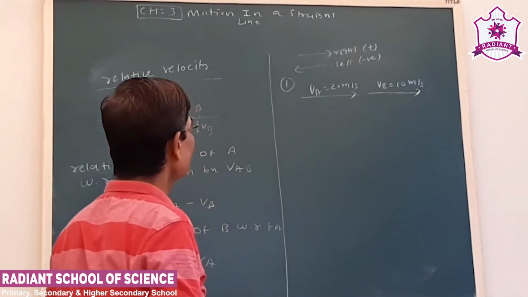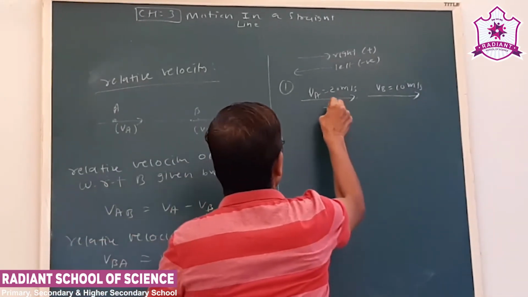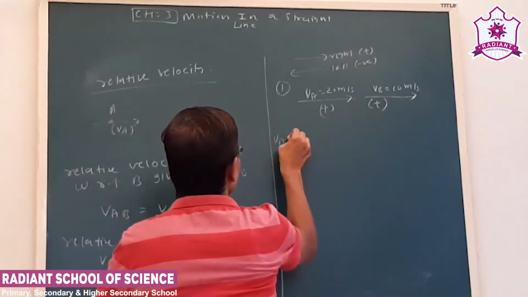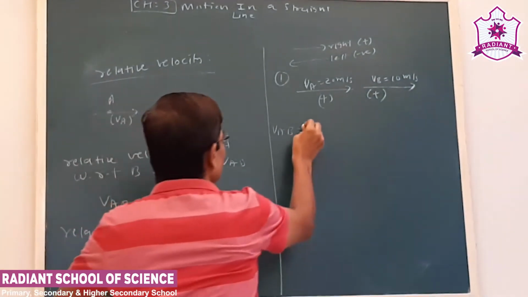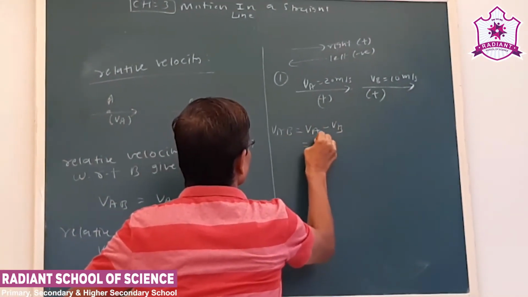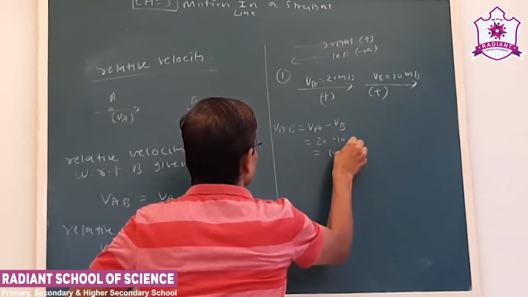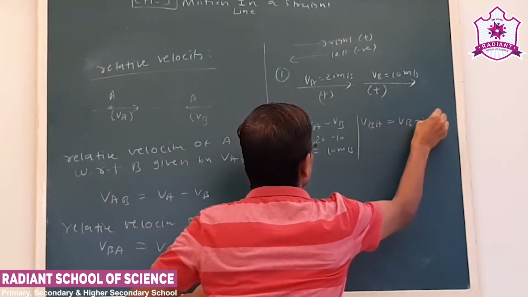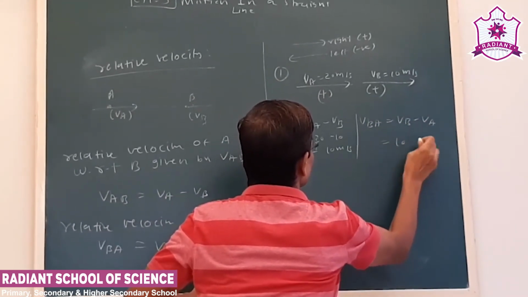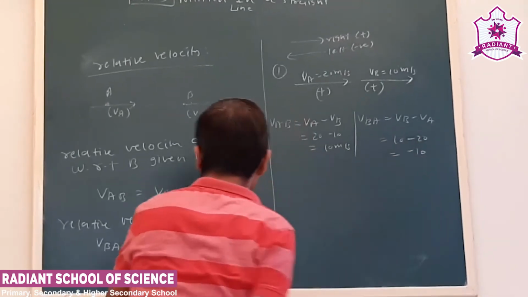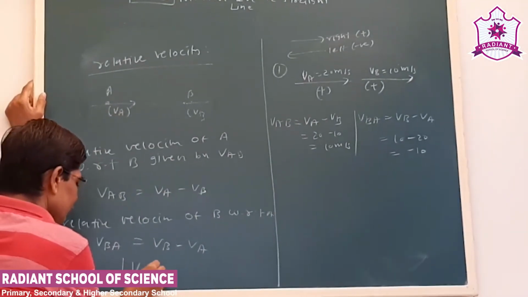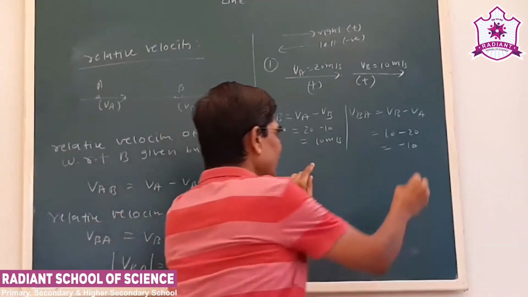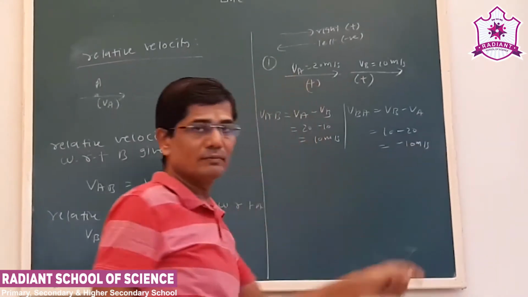Our convention: both move on the right-hand side, so both are positive. What will be VAB? VA minus VB. Now if I find VBA, if I talk of the magnitude, both will be equal.